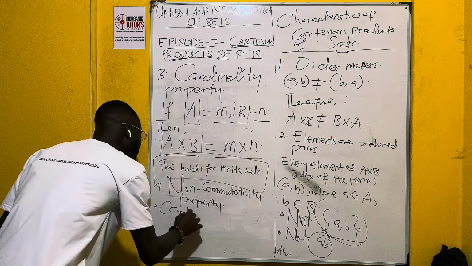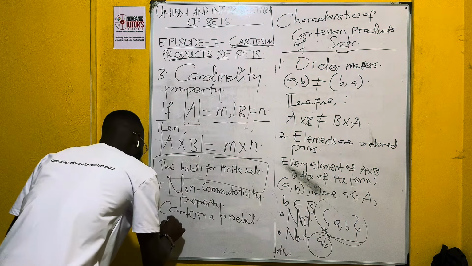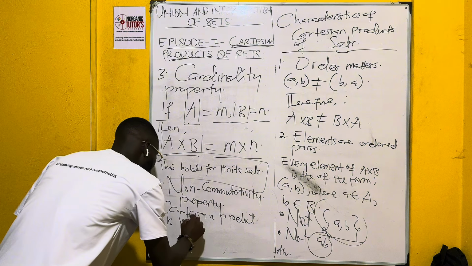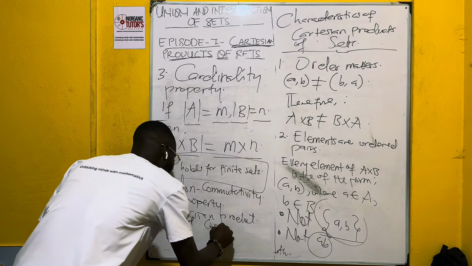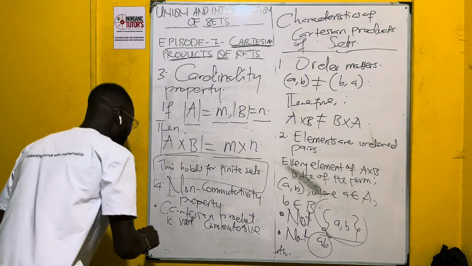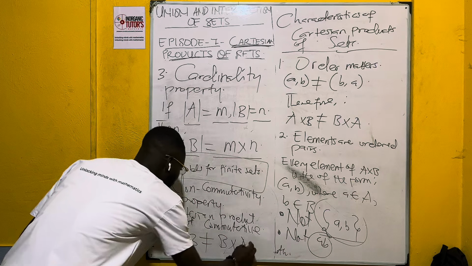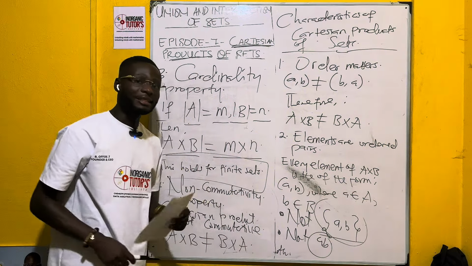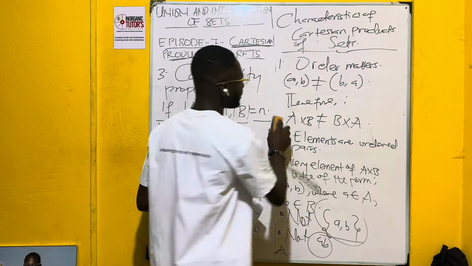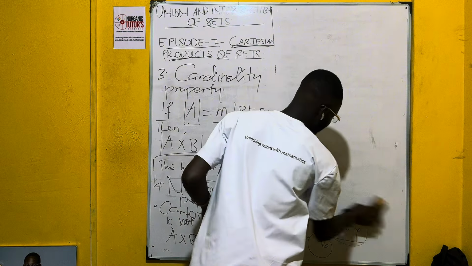The Cartesian product is not commutative, right? That is why we are saying that A cross B is not the same as B cross A. So that is the non-commutativity.